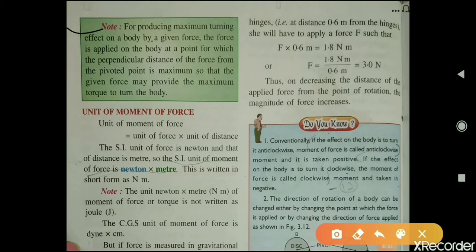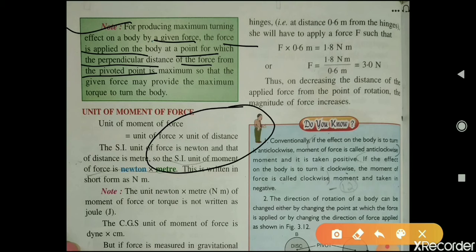Note, for producing maximum turning effect on a body by a given force, the force is applied on the body at a point for which the perpendicular distance of the force from the pivoted point is maximum. Means if we want to turn a body, in order to get the maximum turning effect, we have to apply the force at that point which is at a maximum distance from the pivoted point.